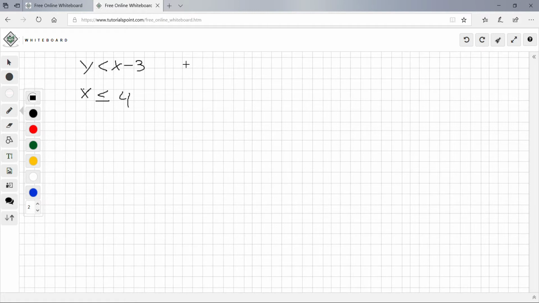So I can rewrite y is less than or equal to x minus 3 as y equals x minus 3, and x is less than or equal to 4, I can rewrite it as x equals 4.